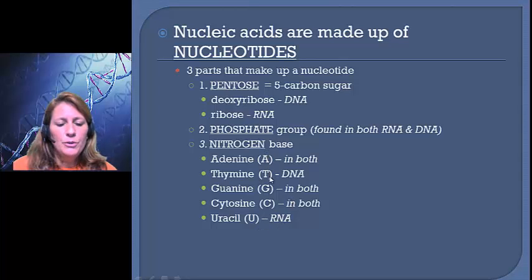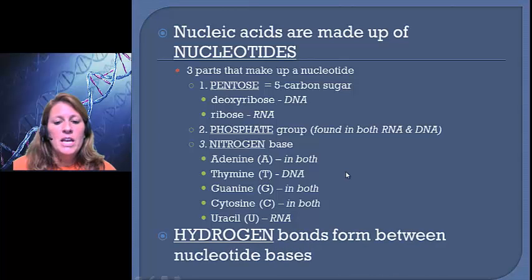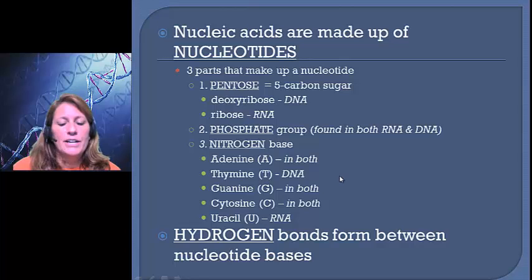So this code, and figuring out what codes for a hair color, eye color, anything in diseases, that's the genome project, and that's what scientists are working on, figuring out this code of these nitrogen bases. And what holds these nucleotides together are the hydrogen bonds. There's that hydrogen bonds again, okay?